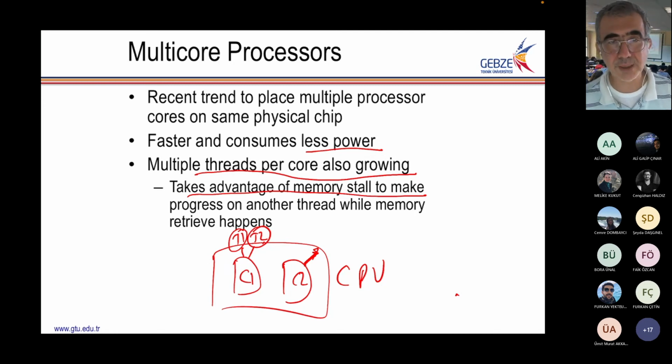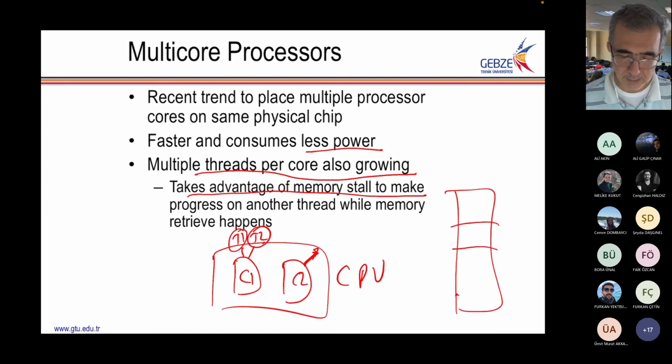Although different cores can access memory together, they cannot access the same locations at the same time. So they have to wait for each other to access certain blocks of memory.